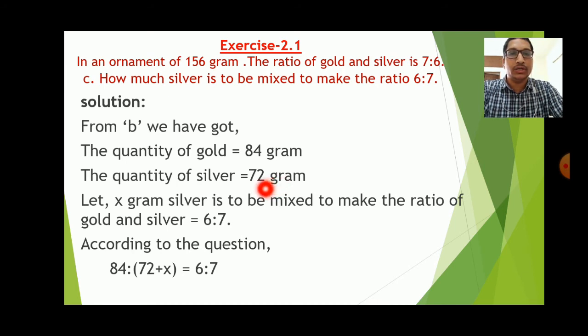Silver 72 gram, and we want to mix x gram. So here silver will be 72 plus x, and look at here, gold quantity to silver quantity is equal to gold's quantity and silver's quantity. Okay, so like this way we can make the equation.